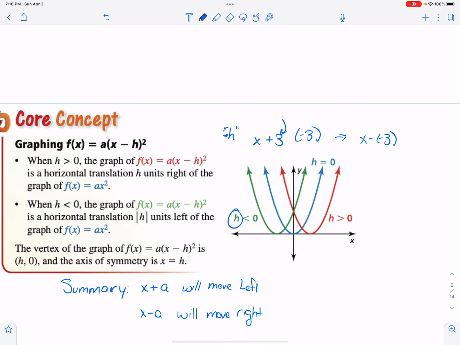The value of h is still -3, but what we see when we look at our function is that plus. So it's always the opposite when you're working with your input inside the parentheses. In summary, if you see x plus a number, it's going to move left. If you see x minus a number, it's going to move right.